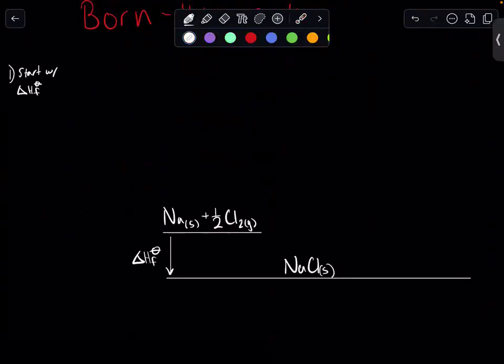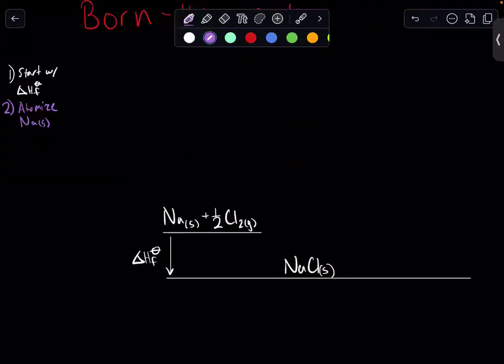Once I've written my delta H formation, I'm going to go through each step of how we actually get there. There are intermediate steps. The first step is we must atomize our solid sodium.